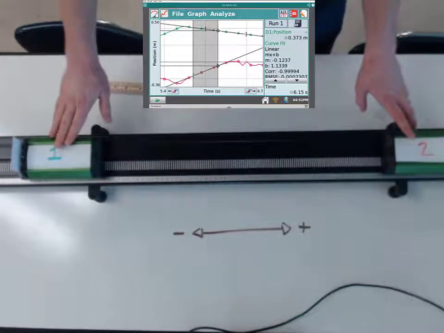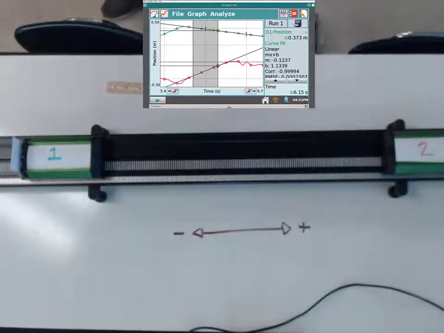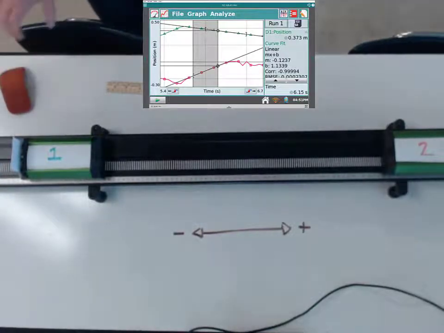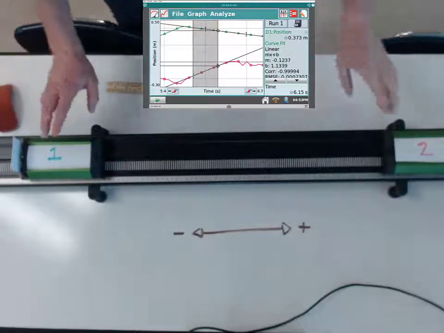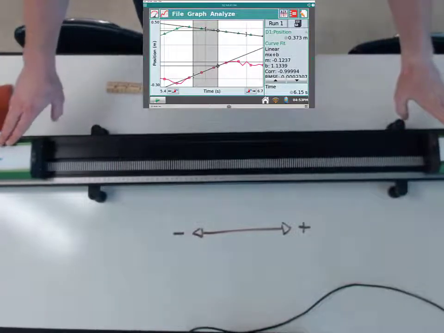I'm going to again try to make one of them move faster than the other, just to kind of make it clear which one is which. And yeah, let's go ahead and get our thing back up here. Okay. All right. And I'll put them at either end of the tracks.